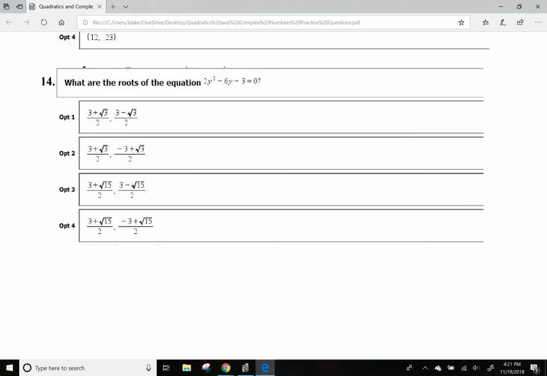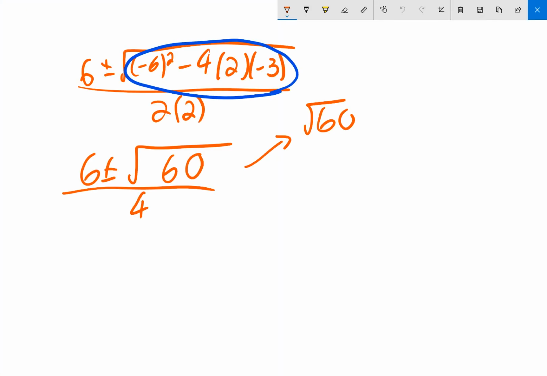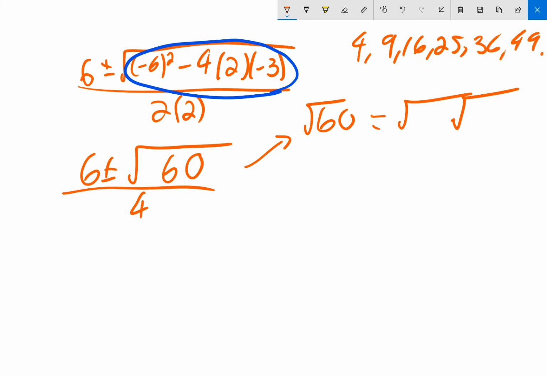So remember how you simplify things that are not perfect squares. You try to figure out one of the perfect squares, so 4, 9, 16, 25, 36, 49, etc. Which one of these will divide evenly into 60? 49 doesn't, 36 doesn't, 25 doesn't, 16, you can try it.